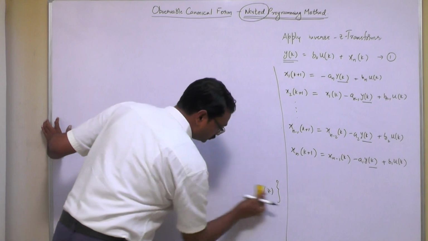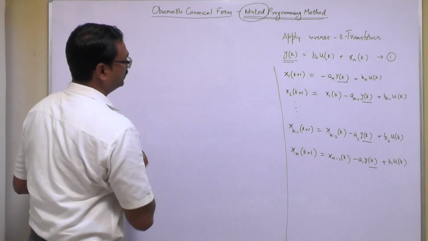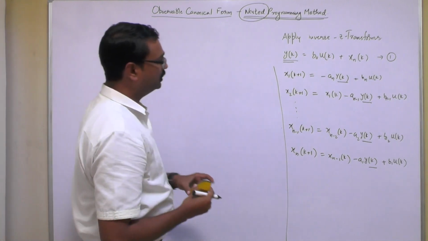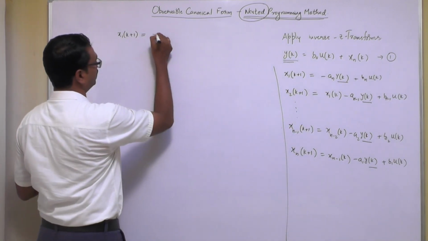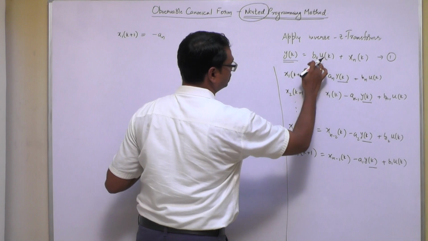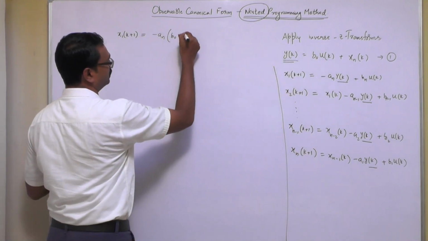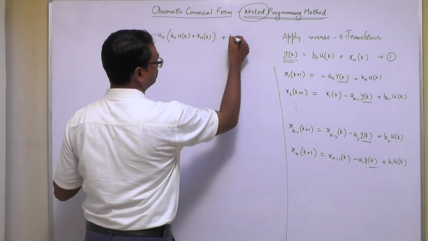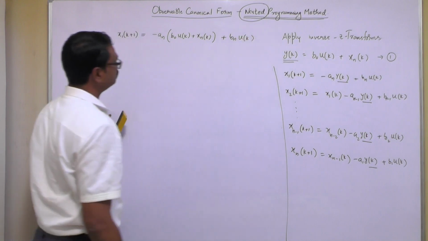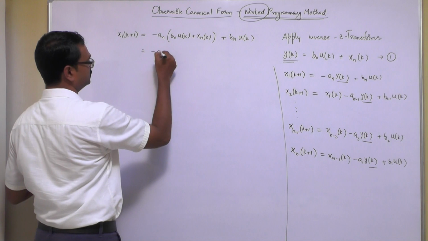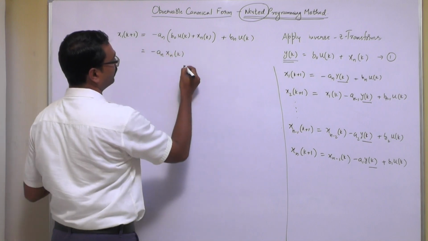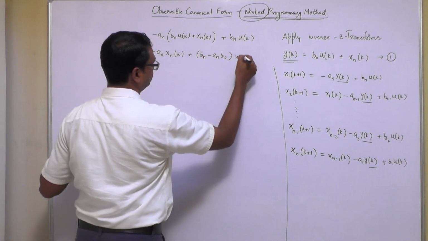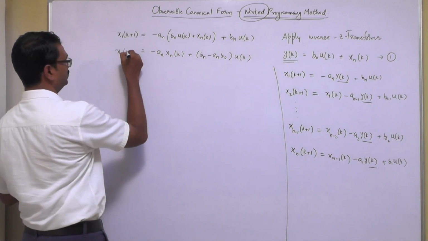So x1(k+1) = -an (b0 u(k) + xn(k)) + bn u(k), or you can write this as x1(k+1) = -an xn(k) + (bn - an b0) u(k).